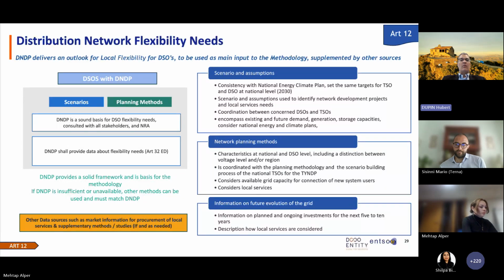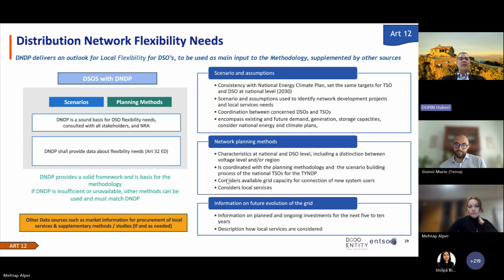All these studies provide valuable information, and this flexibility needs assessment is to make the best outlook. So whatever data is good and can help provide good information for policymakers should be used, but it has to be used if it is consistent with the same quality or properties as the network development plan.